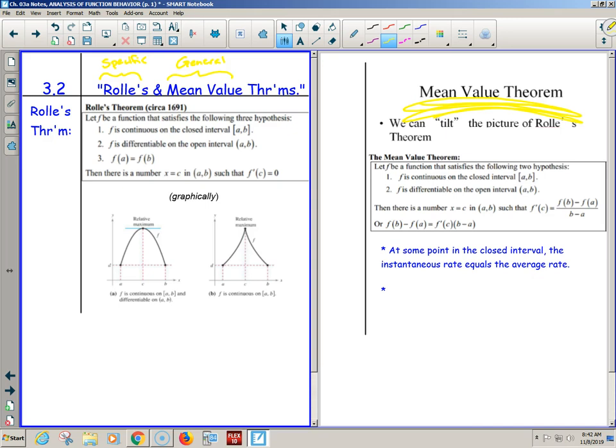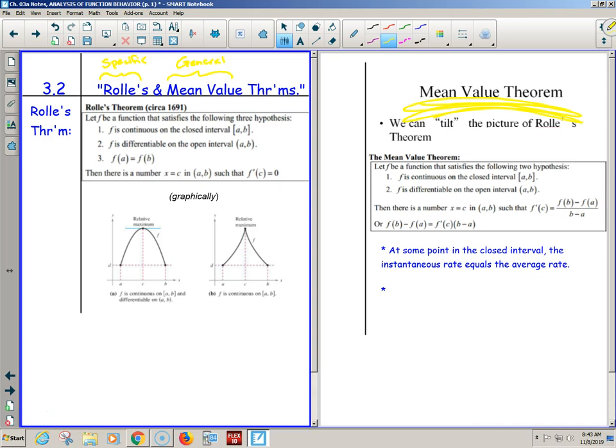We have intermediate value theorem, talking about the in-between y's. We have extreme value theorem, talking about the highest and lowest y's. And now we have mean value theorem, talking about the average rates. The other 2 theorems are talking about y values, function values.